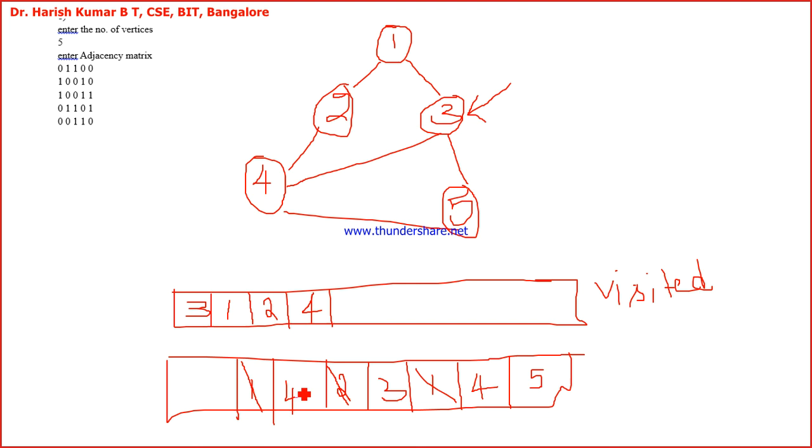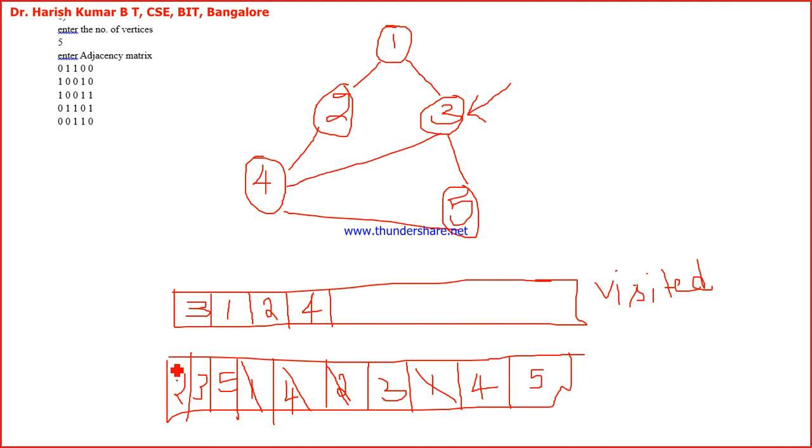I'm visiting 4. Now this is removed, and I go for finding the adjacent nodes of 4. The adjacent nodes of 4 are 2, 3 and 5. So I push 5, 3, 2. Next node to visit is 2.